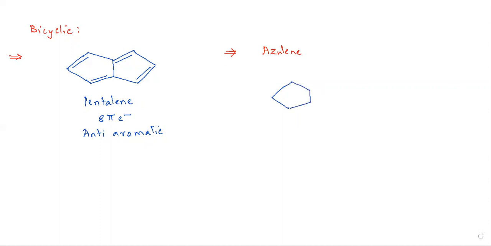A 5-membered ring and a 7-membered ring. Yeah, these are all bicyclic. Okay. 1, 2, 3, 4, 5, 6, 7. Right. Now this is azulene.